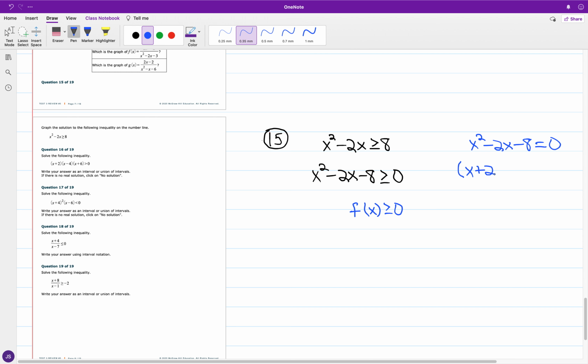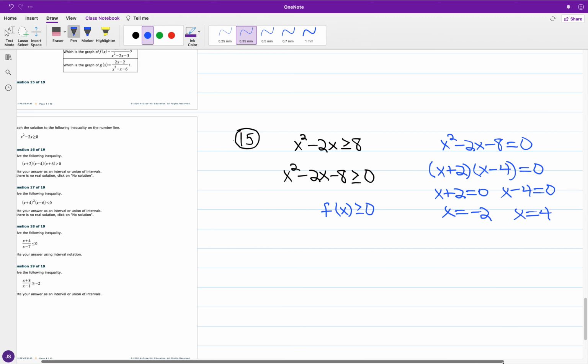If we look at factoring, the quantity x plus 2 times the quantity x minus 4 is equal to 0. If x plus 2 is equal to 0, you have x is equal to negative 2. And for x minus 4 is equal to 0, we're going to have x is equal to 4.